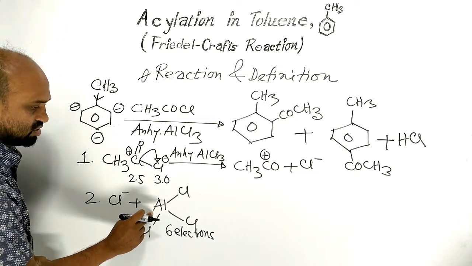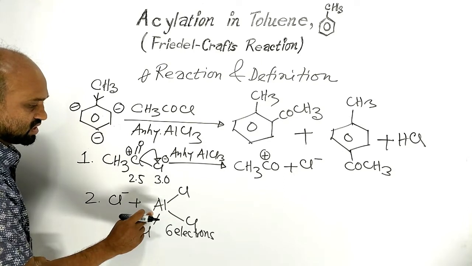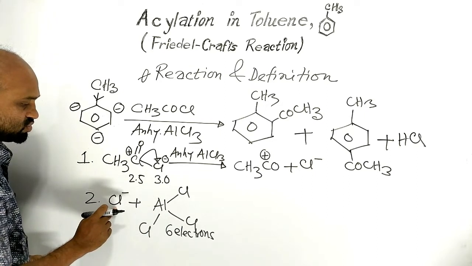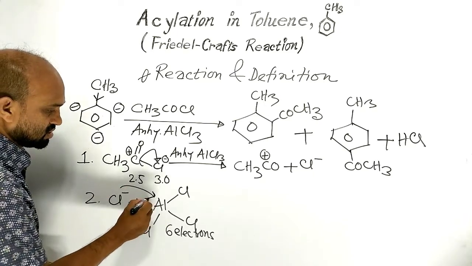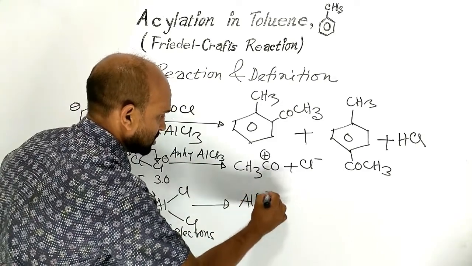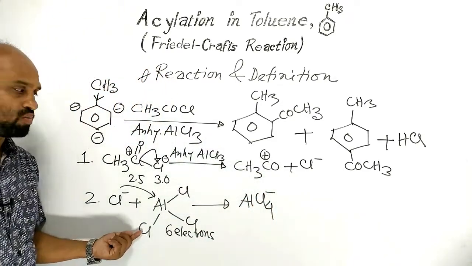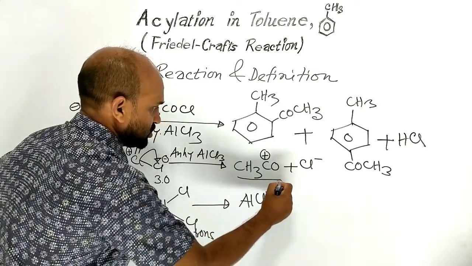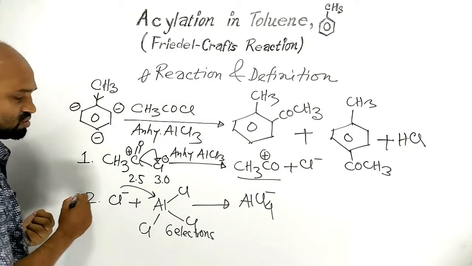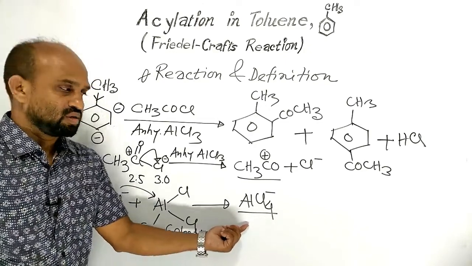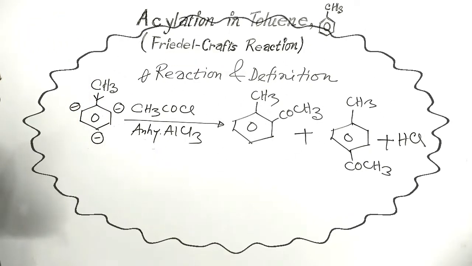That is why aluminum chloride acts as a Lewis acid, an electron acceptor. It accepts electrons from the chloride ion to form the tetrachloroaluminate ion. From step 1, the acetyl cation is formed. From step 2, the tetrachloroaluminate ion is formed.